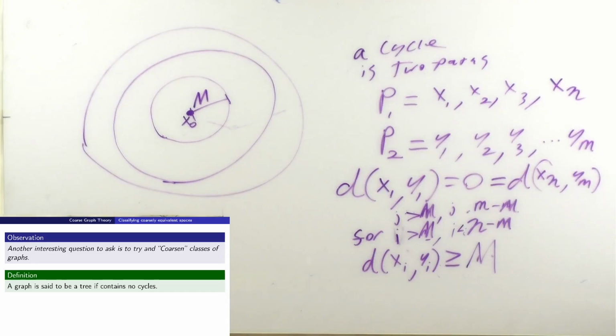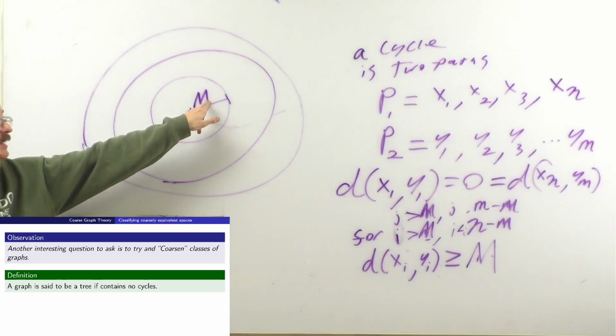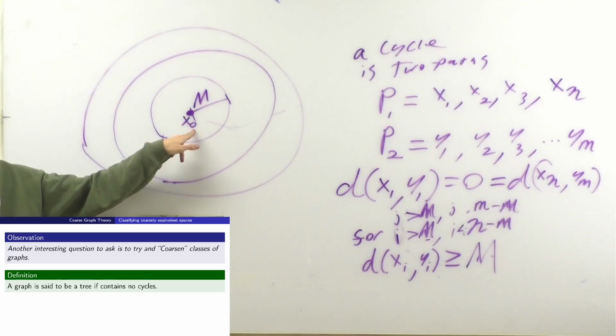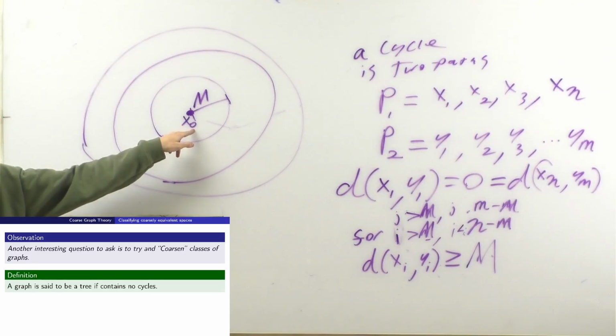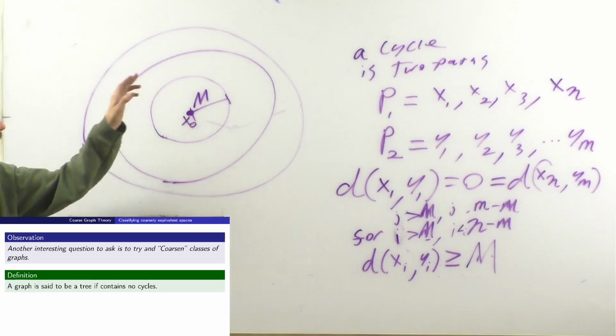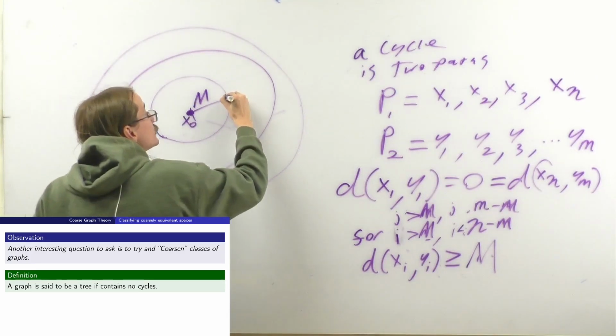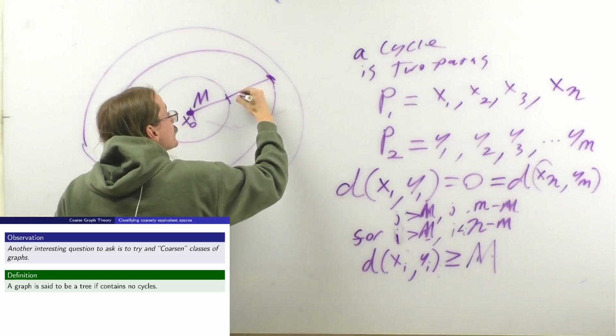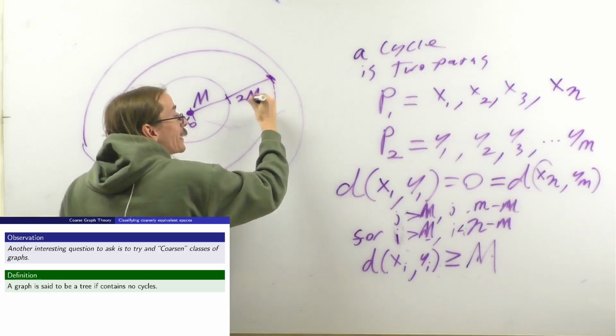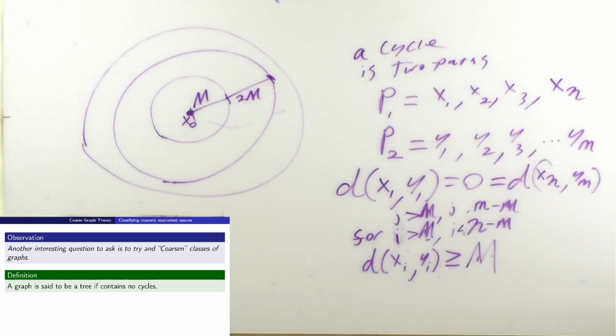Then this next ring is going to be everything that is distance 2M from x0. And then the next one is going to be 3M, and on and on.